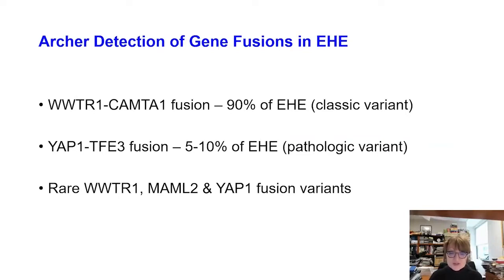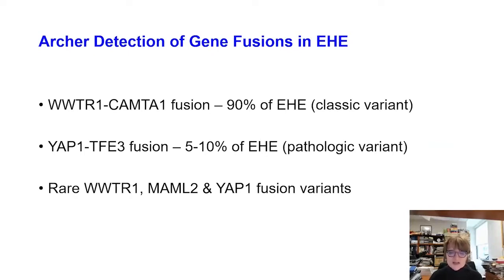So using this method, we can identify the most common fusion in EHE, the WWTR1-CAMTA1, which comprises about 90% of all fusions detected in EHE, and this correlates with the classic variant of EHE under the microscope.